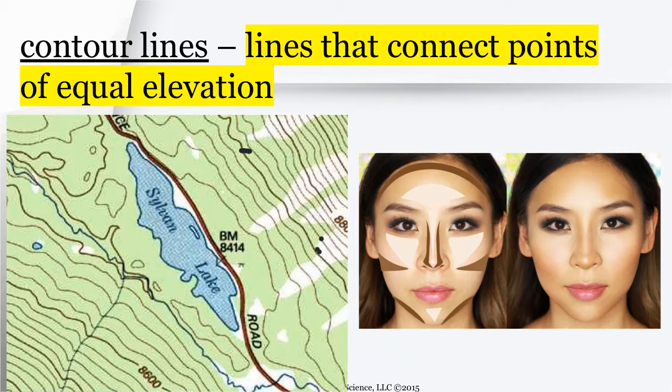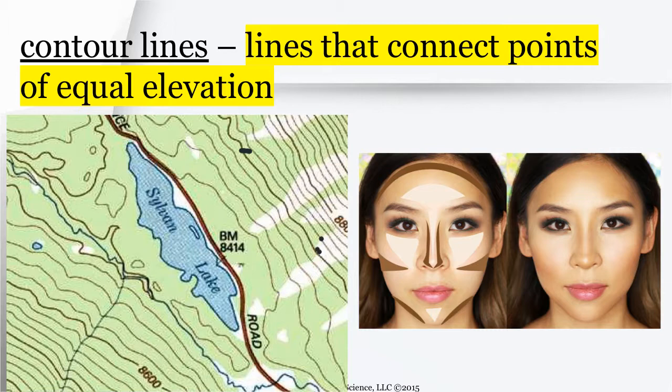And I think about these contour lines like we think about with makeup and how you use contour makeup to highlight different parts of your face. Girls will probably know this a little bit more maybe than boys do, but maybe boys know this too. If you want things to show up higher on your face, you would highlight them in a lighter color.